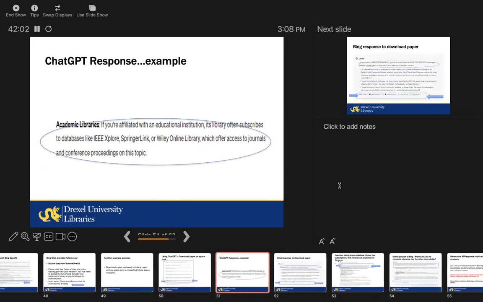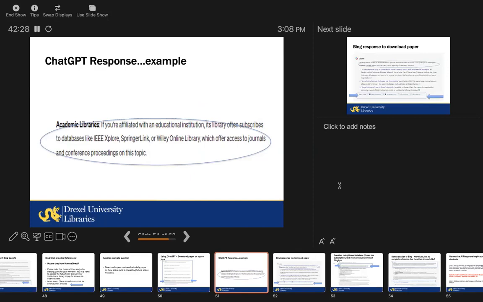And I'm just putting this in big. If we are affiliated with educational institutions, its library offers subscriptions to databases like IEEE, Springer, Wiley, which offer access to journals and conference proceedings. So essentially what it means is that generative AI could not find a whole paper from these databases, and it is asking me to use the library's subscription. So what does this imply to you?